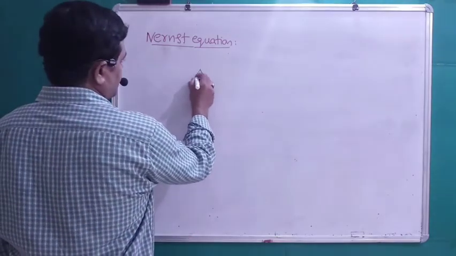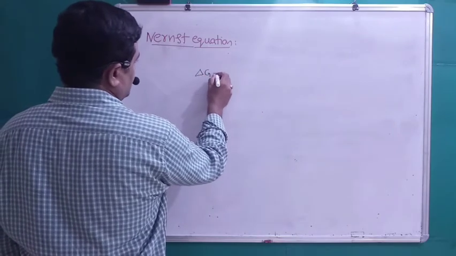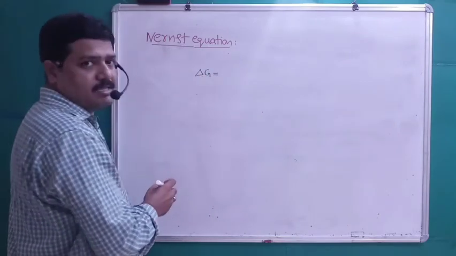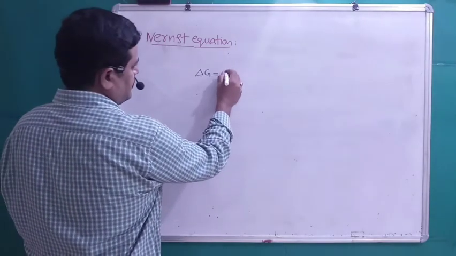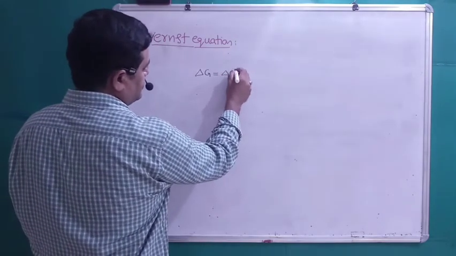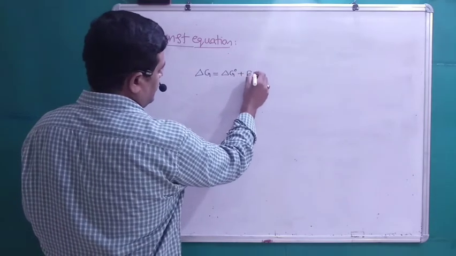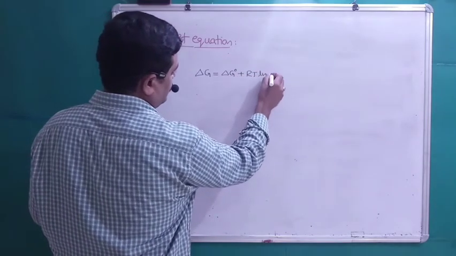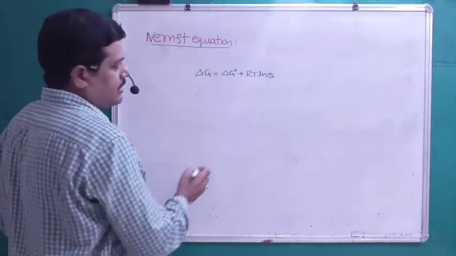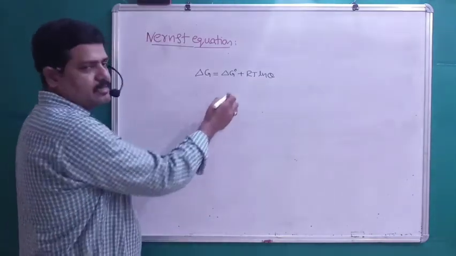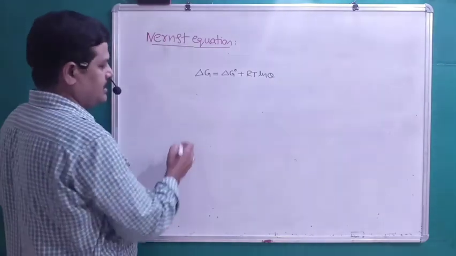Delta G, the change in Gibbs free energy at non-standard conditions, is equal to delta G naught plus RT ln Q, where Q is a reaction quotient, R is the universal gas constant, T is the temperature.